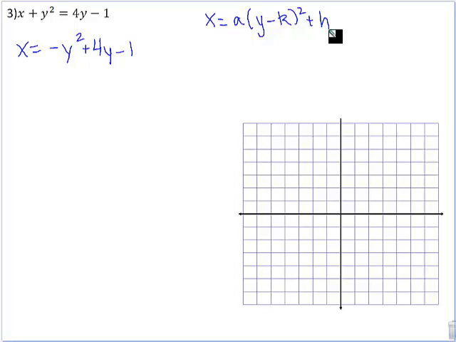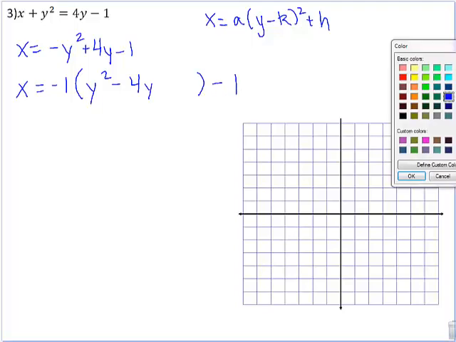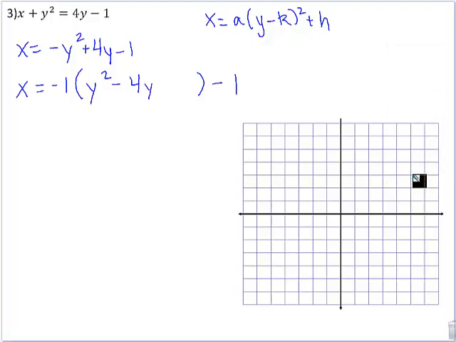Now, we can't have a number attached, so what should we do with this minus 1 here? Take it out. So if we take the negative 1 out, we have y squared, and then minus 4y. Leave the minus 1 at the very end. Now we have to complete the square.